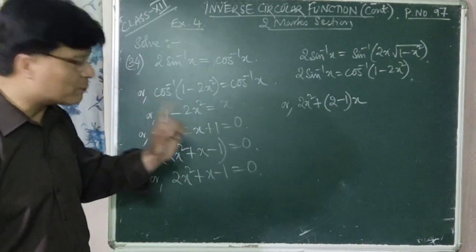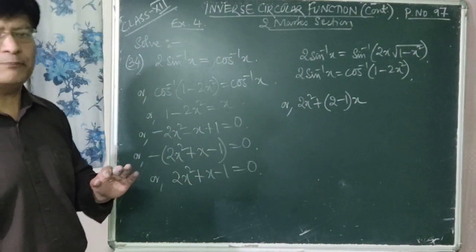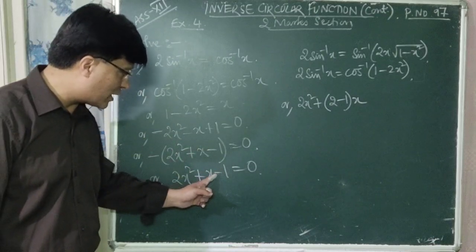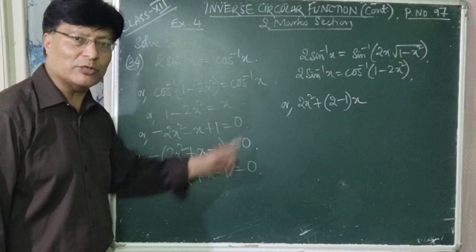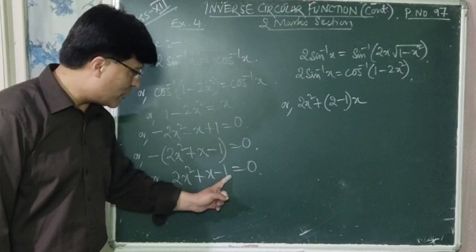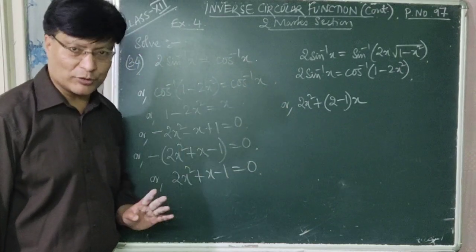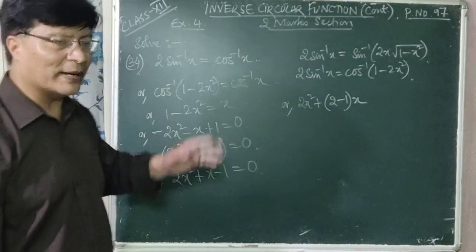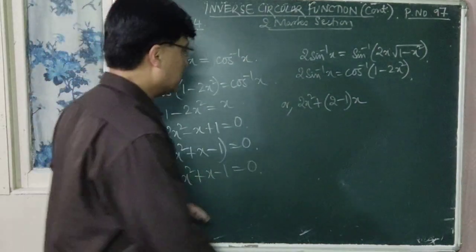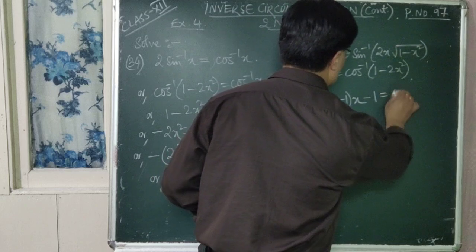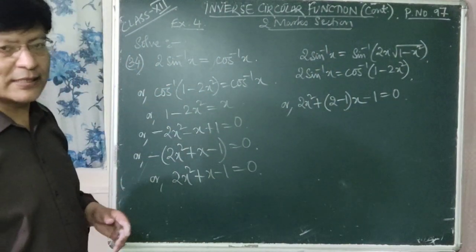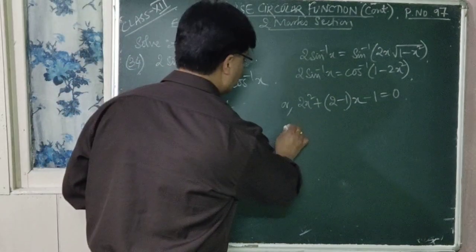So when you subtract you should get 1, and when you add you should get 1. What does this mean? The minus sign before this 1 indicates it. This is for subtraction. If there was a positive sign before 1, adding would do. But here there is a negative sign, so it is subtraction. That is 2 minus 1, right? Then write down minus 1 is equal to 0. Is it clear? So from here you can easily get the values of x.